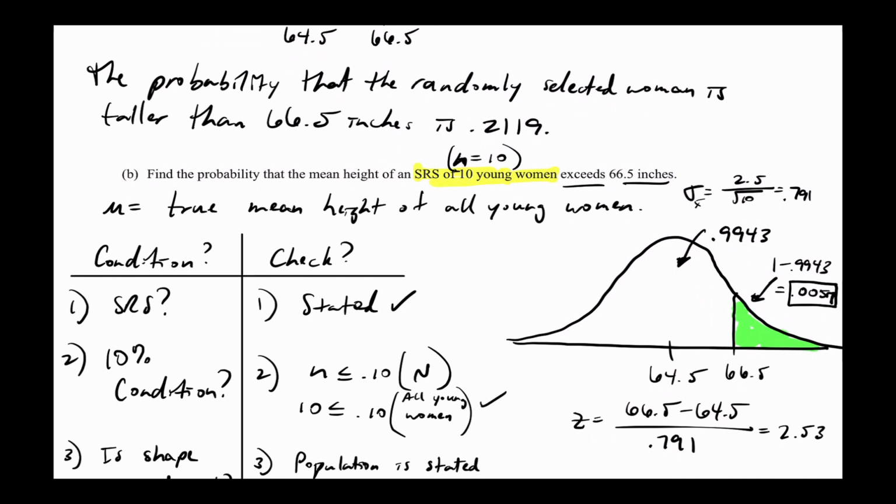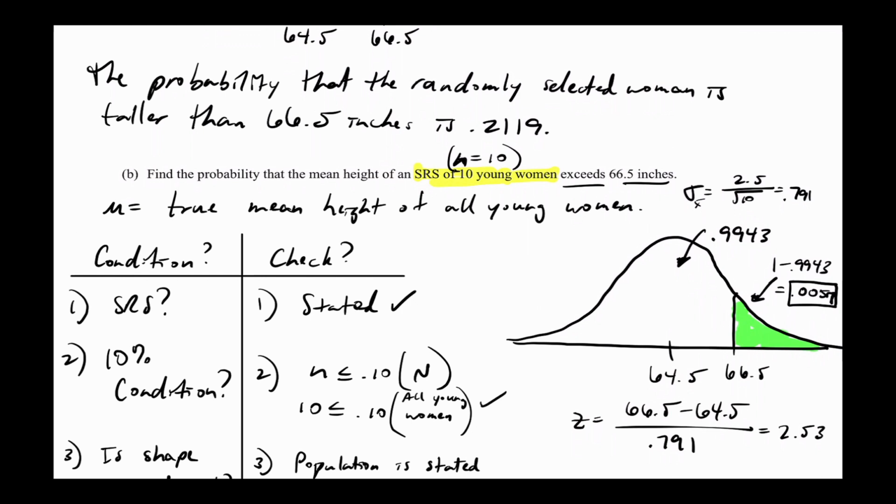Take a sample size of 20, 30, 50, 100. It's not going to want to be farther away. So that's why the probability went down.